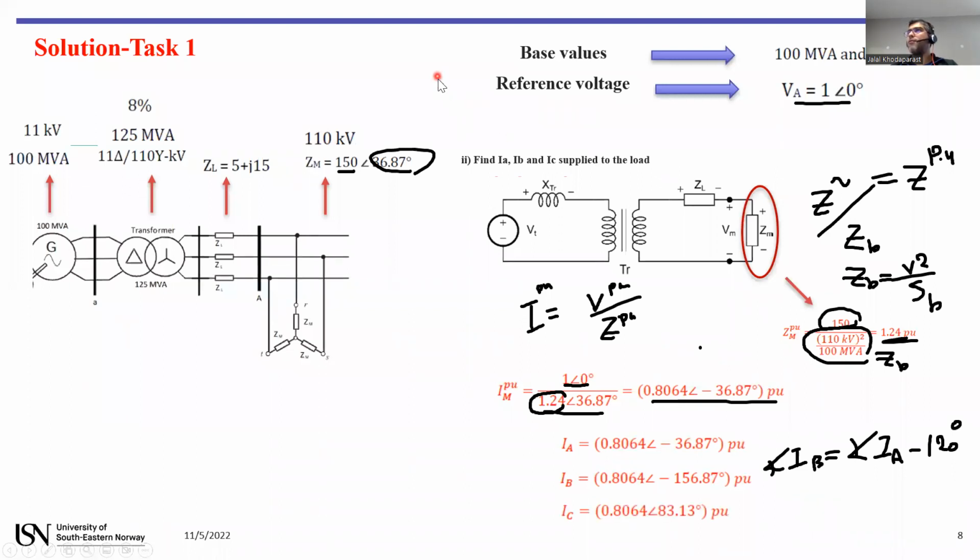And for phase C, the angle of the current is the angle of the current in phase A plus 120 degrees. Based on these formulas, you can calculate the currents on the other phases.